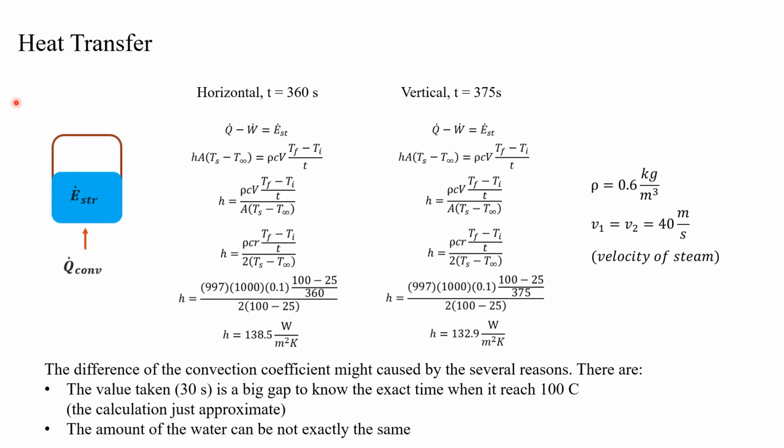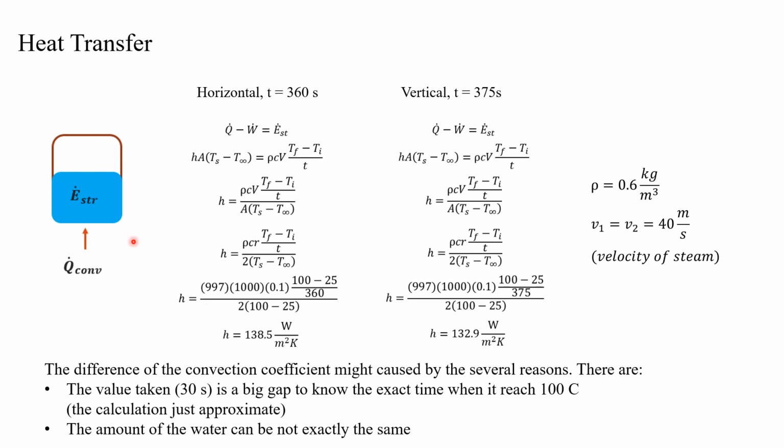Now we are moving on to the heat transfer analysis. Since we are focusing on finding the convection coefficients, we need only focus on the boiler, since the boiler in horizontal and vertical are the same. So the schematic can represent both of those schematics.